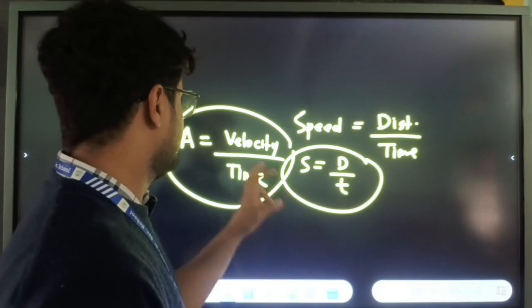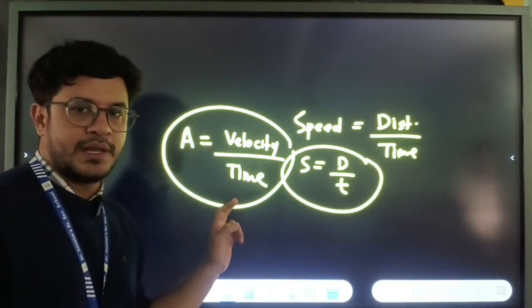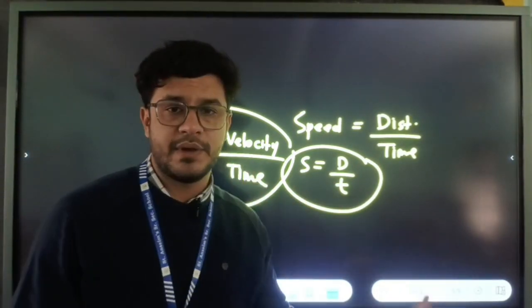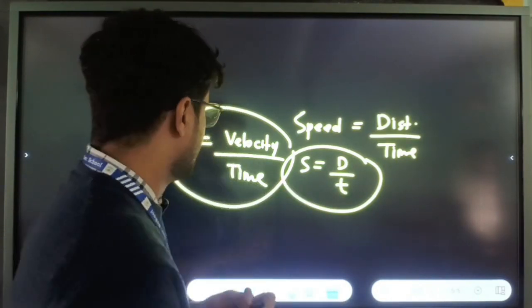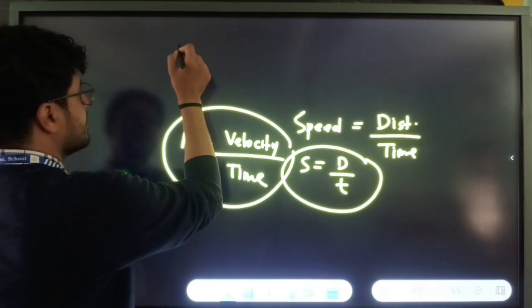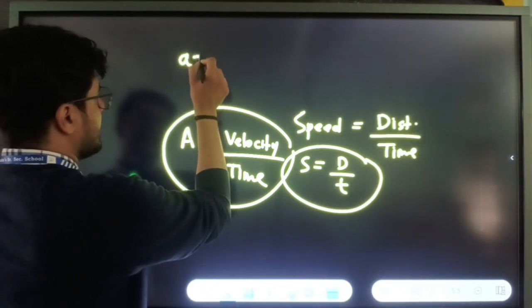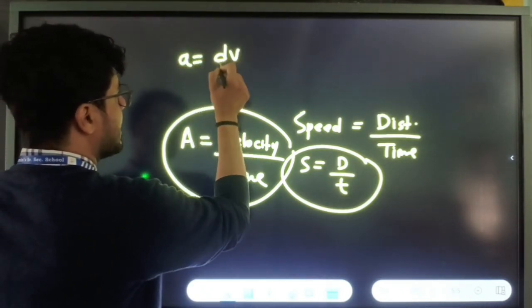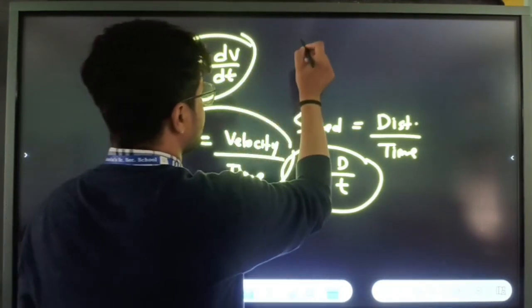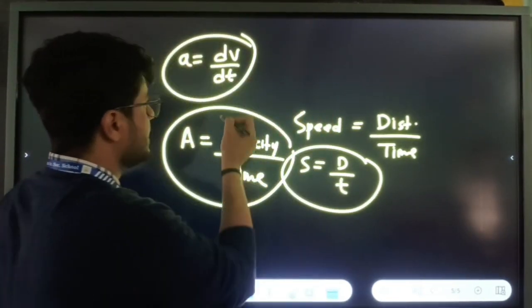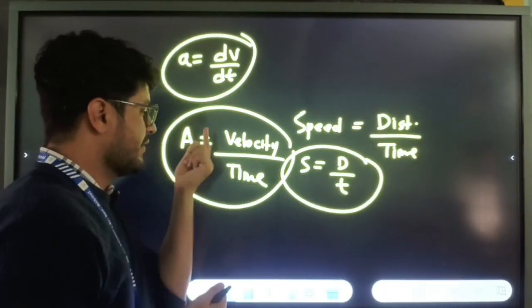So here we can write acceleration equals velocity upon time. The changing rate of velocity with respect to time is an example of derivative. So for acceleration, I can write a equals dv by dt. What is v? V was velocity and d by dt is the derivative operator with respect to time.